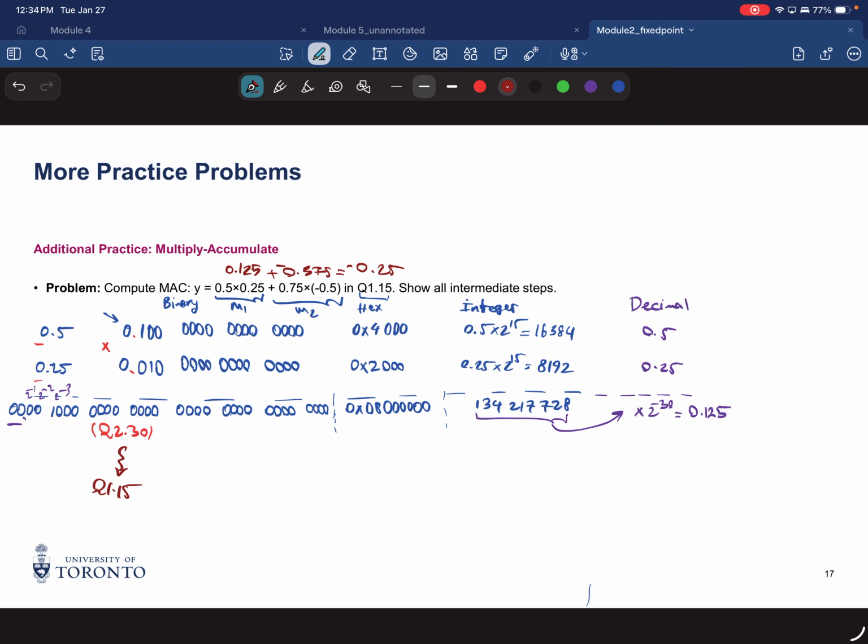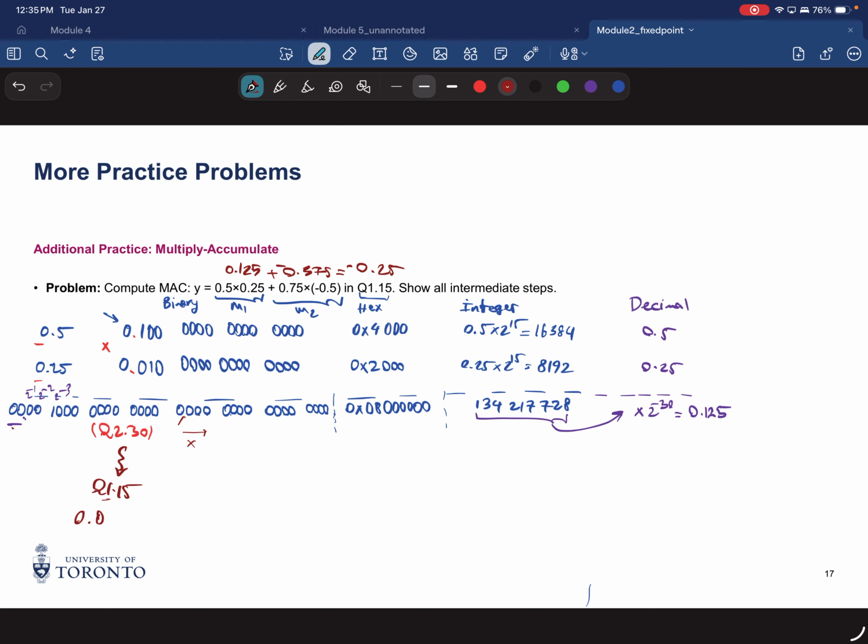This one says that keep the sign and integer must be 0, right? What is the sign here in this binary? 0, or positive, right? So I need to keep 0 for this to make sense. Then I have 30 bits of fractions, and I need to only keep 15 of them. Okay, perfect. I'll throw out all of these ones. I don't need to keep them.